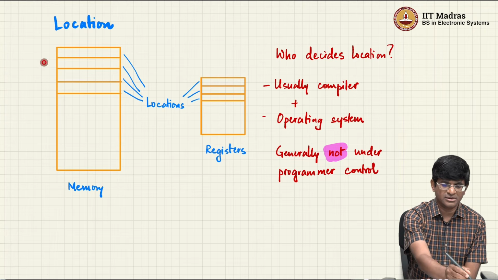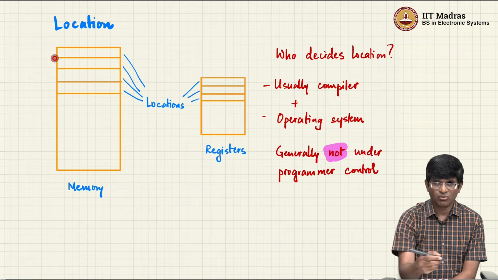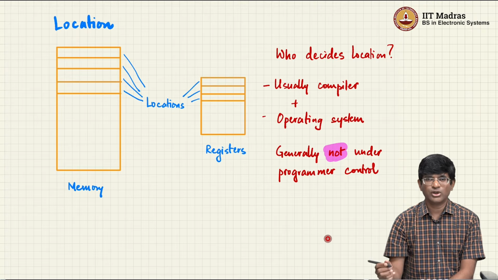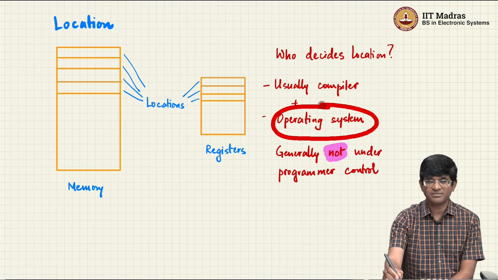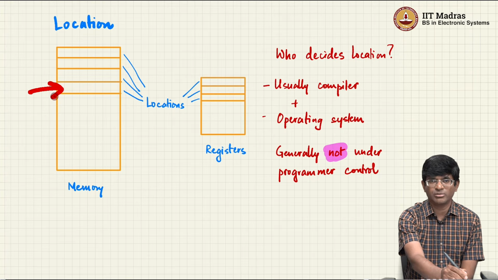Instead, I say that I want space for storing an integer and I want to give it the name sum. The compiler combined with the operating system decides that some location in memory is available and might decide that this particular place is going to be called sum.